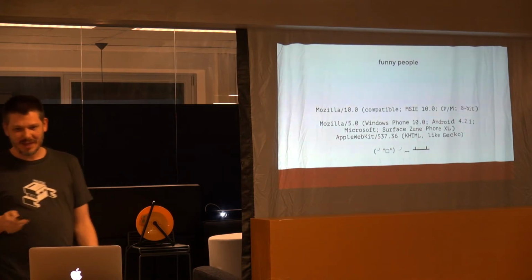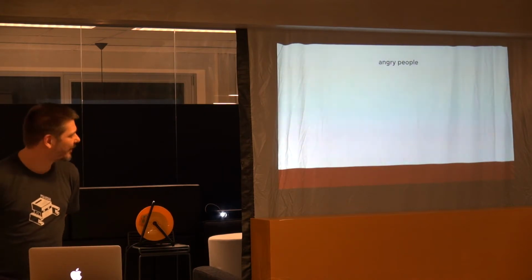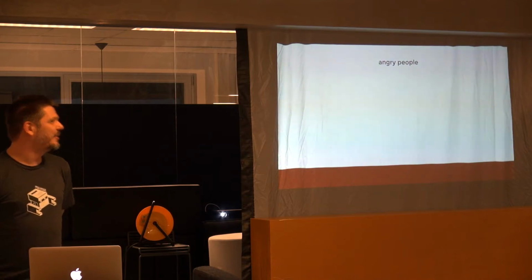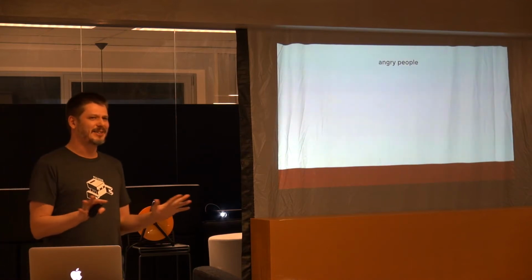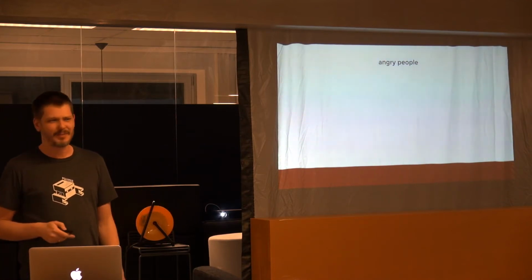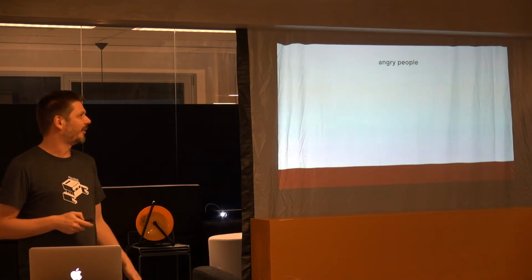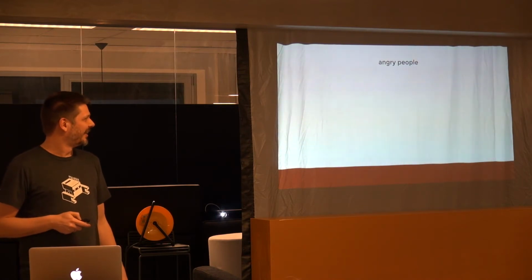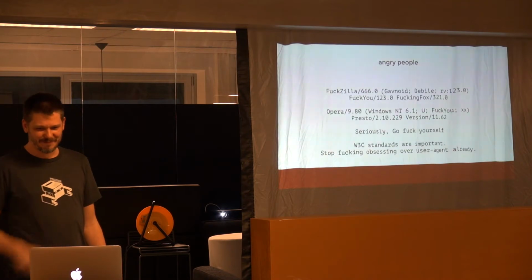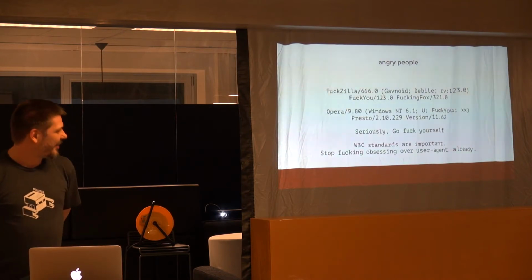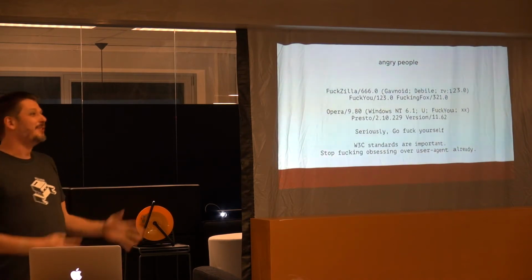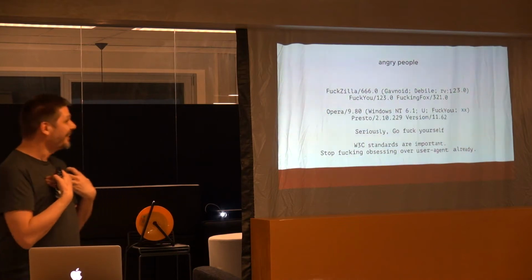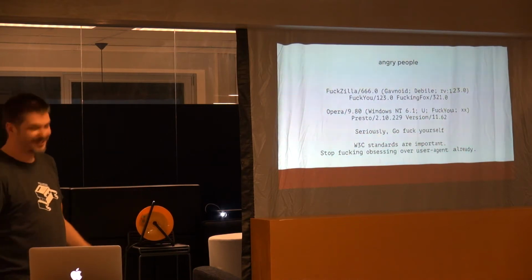Yeah. And then we have angry people. If you don't like profanities, please look away for a few seconds, because, well, angry people are angry. So, here goes. These are actually real-world user agent strings I personally encountered on HTML5 test.